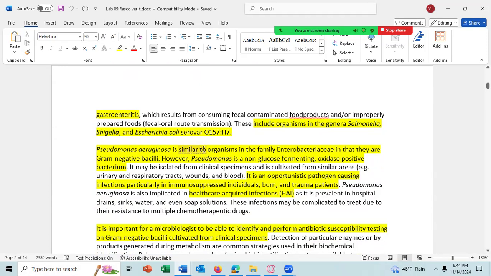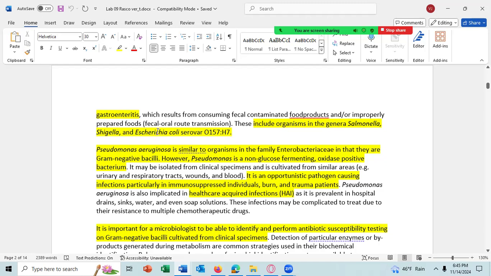So normally E. coli, when it's in your gut, that's where it's supposed to be, and it's actually a good thing to have in your gut. But serovar O157:H7 is a human pathogen. This O157 is an antigen, and H7 is a different antigen. And these antigens make E. coli a human pathogen. Any questions about any of that? All right.